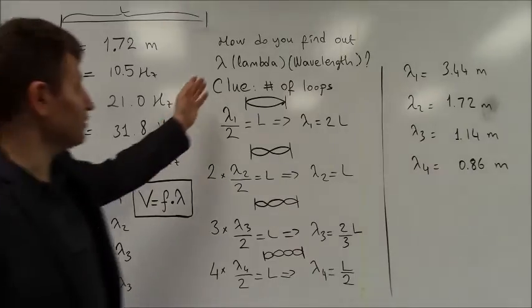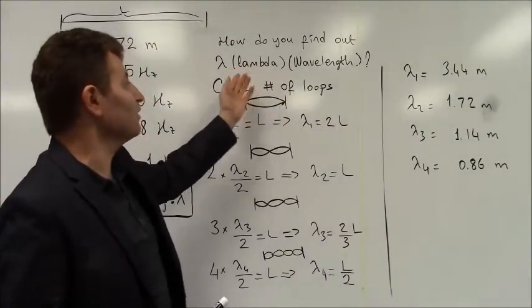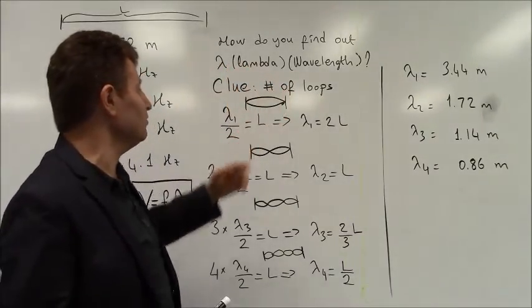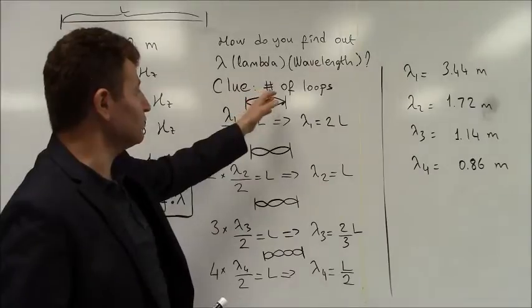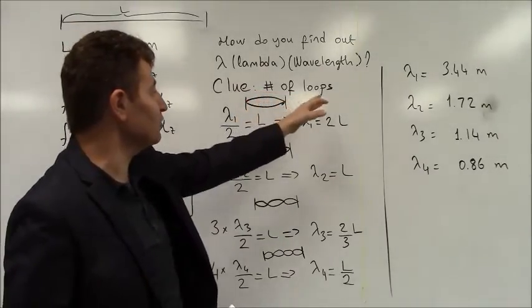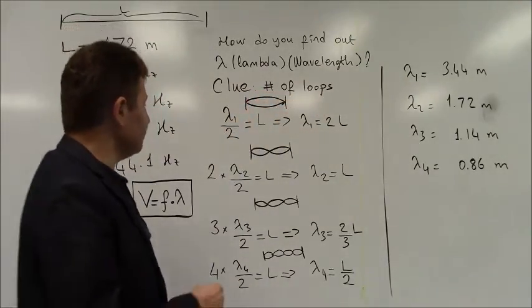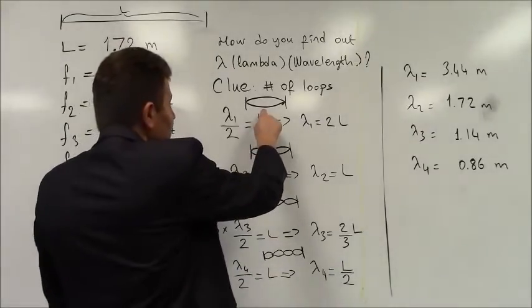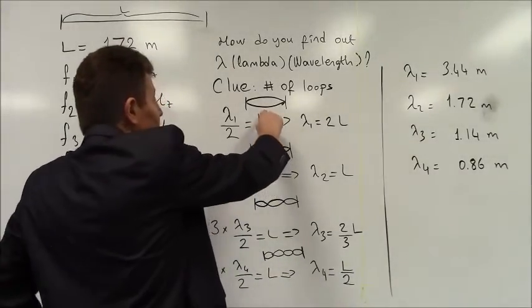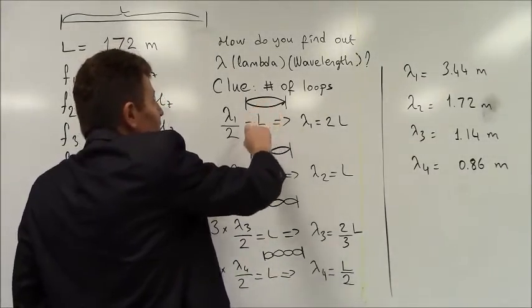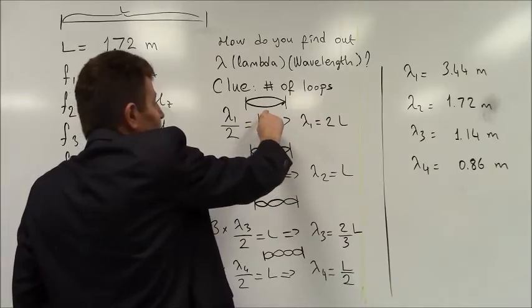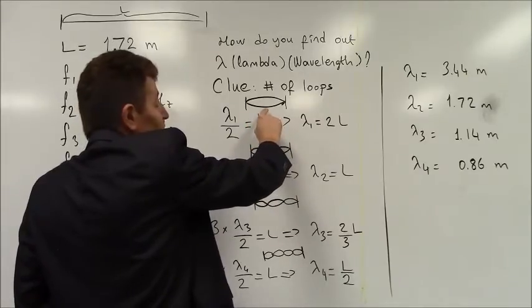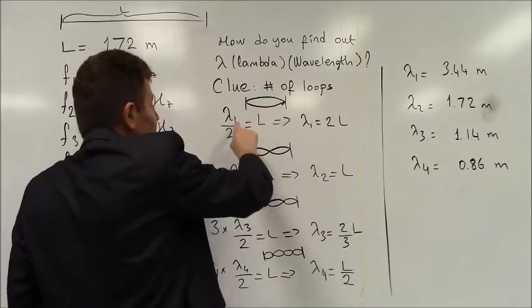How do you find the wavelength, the lambda, of a wave? The clue was, as you remember, the number of loops. In this example, for the first harmonic, for the first shape, I had just one loop, and as we all remember, that's half of the first cycle.